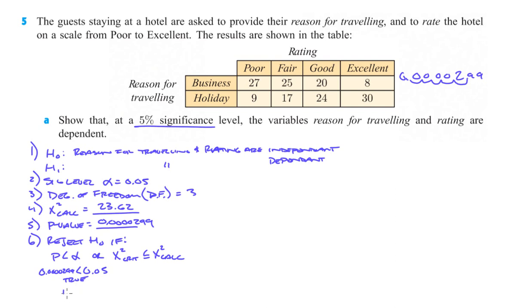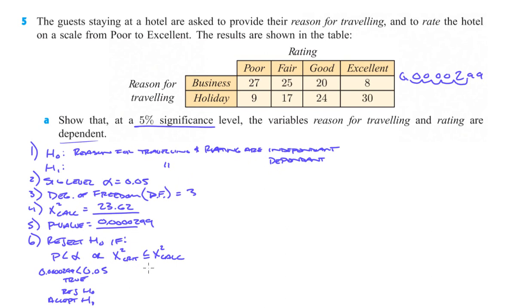So this is saying reject H0. Therefore, accept H1, which is that they're dependent, and it shows right here, show that it is dependent. So we've shown that with the p-value, and we can also show it with the chi-squared.